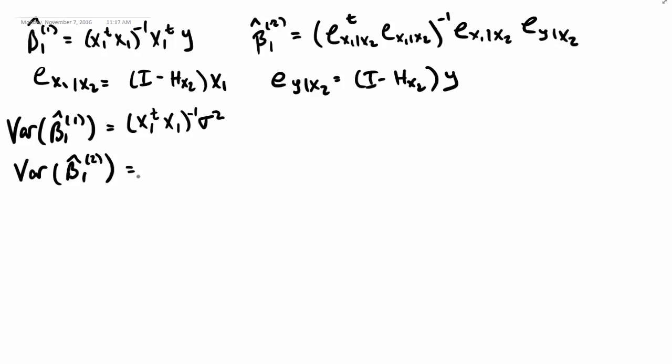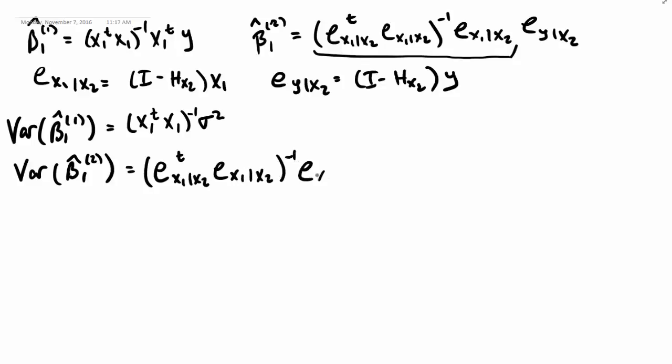Okay, this is going to take some doing. These collection of terms are not random, so I can pull them out. That's e X1 given X2 transpose e X1 given X2 inverse e X1 given X2 transpose times the variance of this guy.